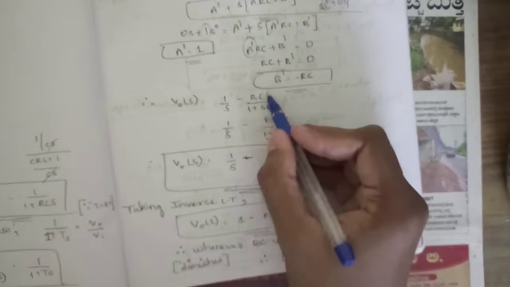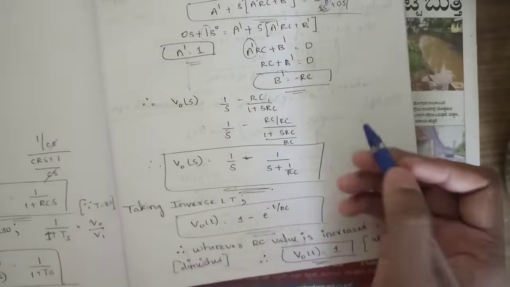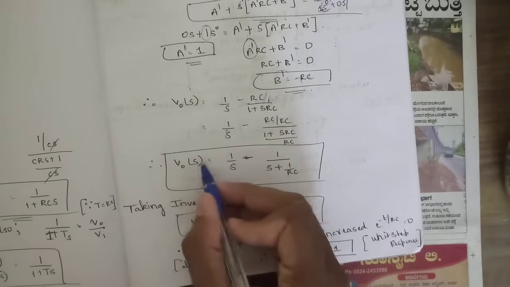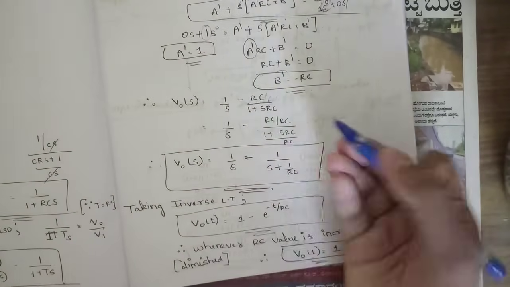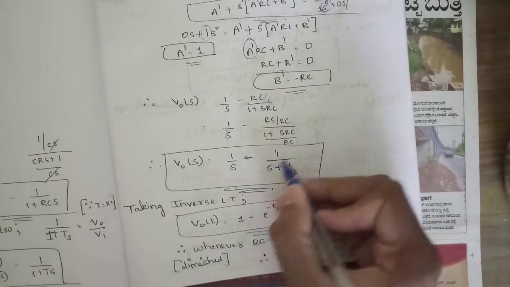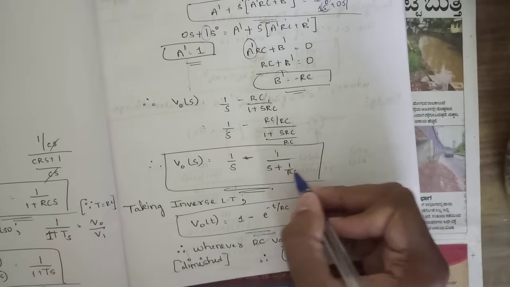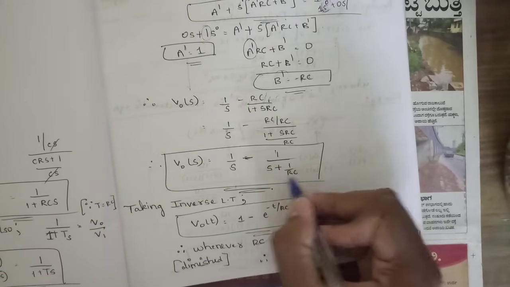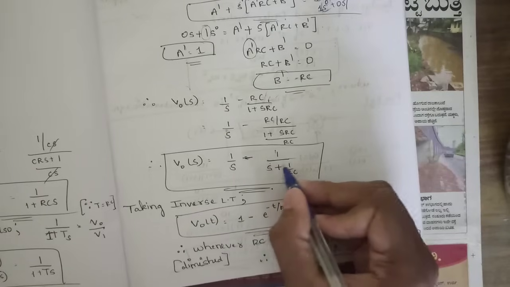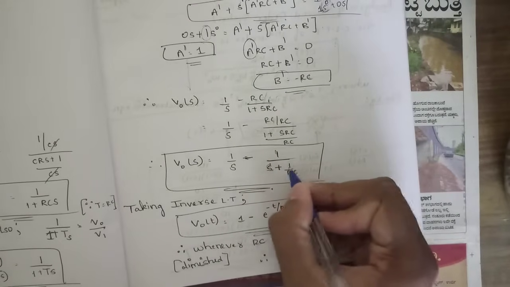So RC by RC divided by 1 plus SRC divided by RC. That is V out of S is equal to 1 by S minus RC by RC, which is 1. Then we can take S common, S plus 1 by RC, so that is 1 divided by S plus 1 by RC.